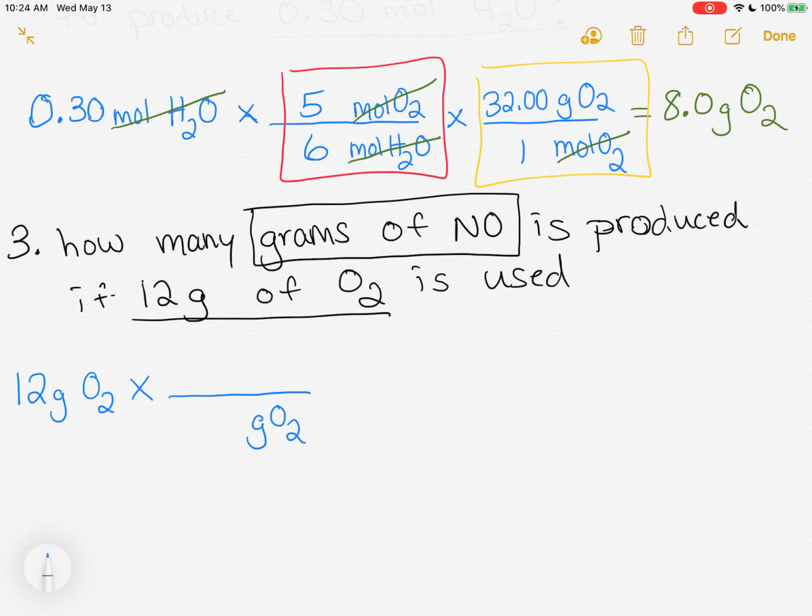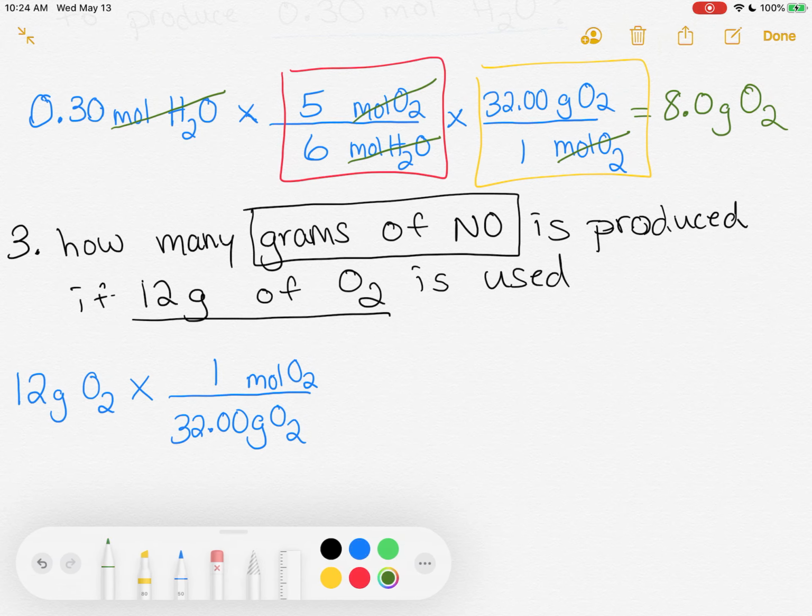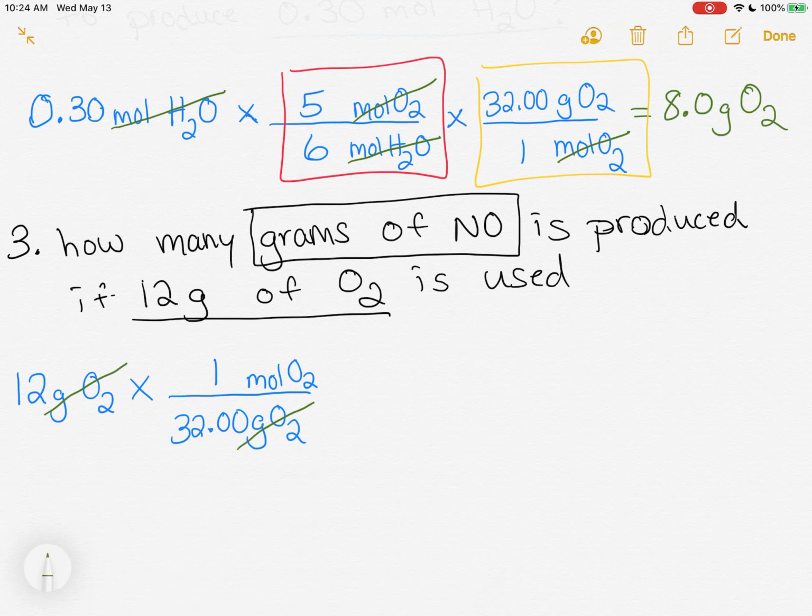So it's going to have grams of O2 on the bottom. And the only conversion factor we know of that has grams in it is the molar mass conversion factor. And that's going to convert to moles of O2. So 1 mole of O2 is that 32.00 grams. So that's going to allow us to cross out our grams of O2. And we'll be left with moles of O2.